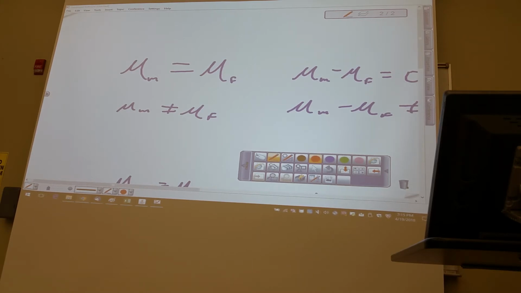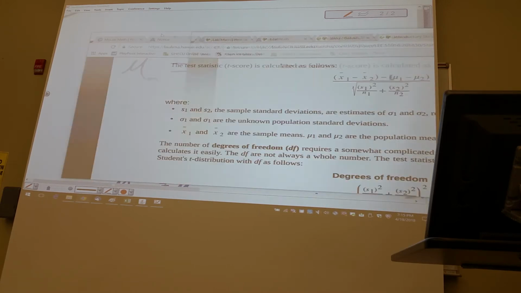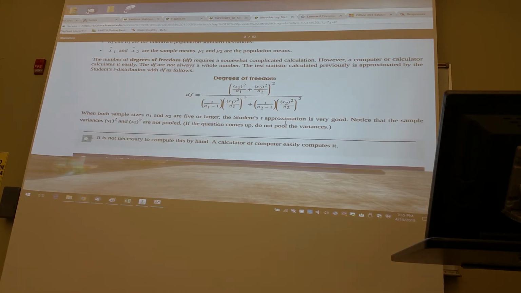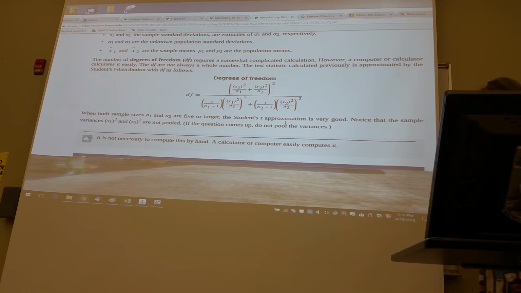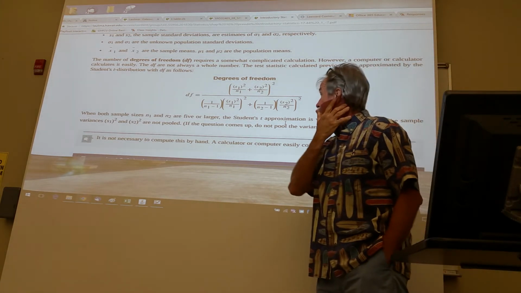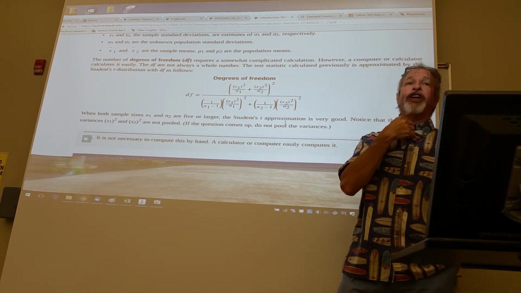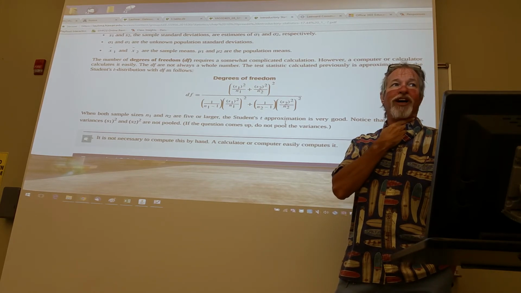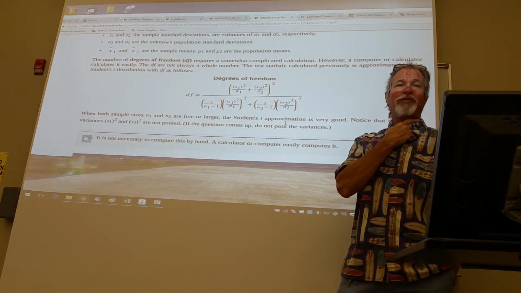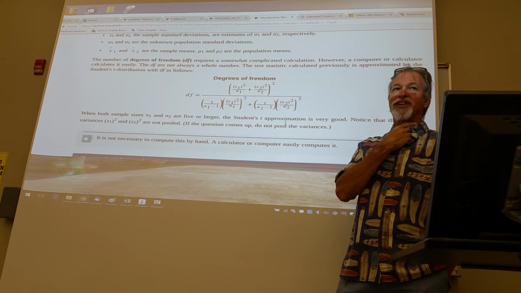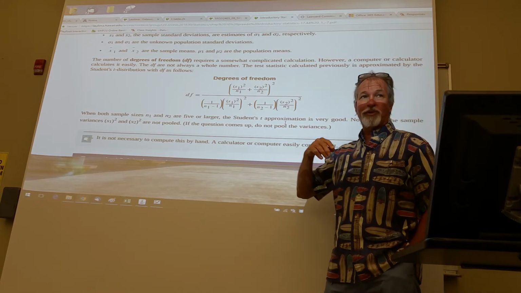So when I start to look at this, the degrees of freedom is a big nasty ugly formula. Oh my god. If you go and you look in the course site, there is a spreadsheet that says degrees of freedom, which kind of makes it nice because we're going to pull that up.